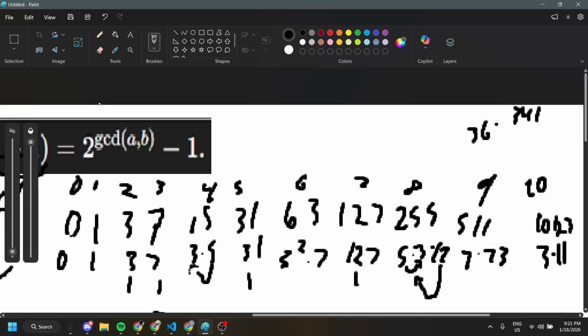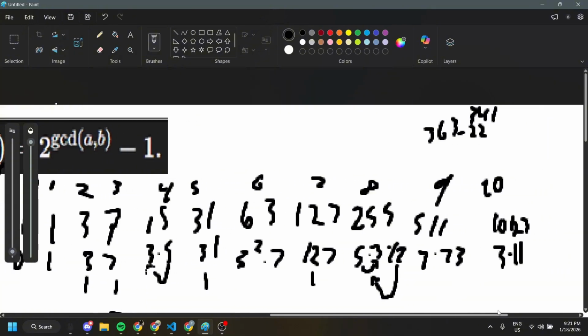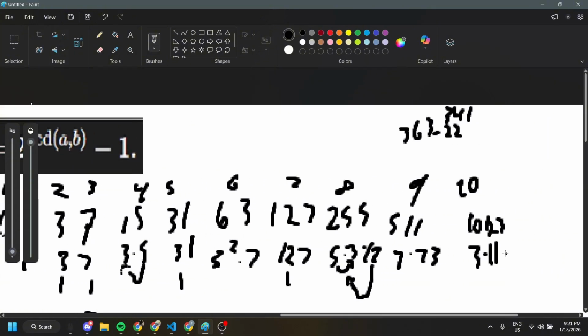It's 363 minus 22. So this is 3 times 11 minus 2. So 3 times 11, 31, which is a previous contender. It's a previous contender here, we see.